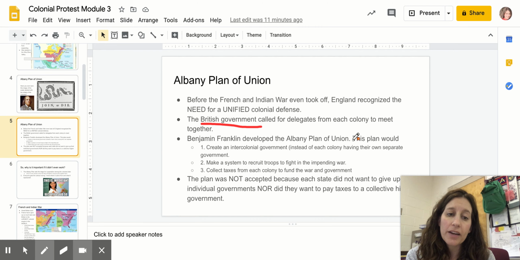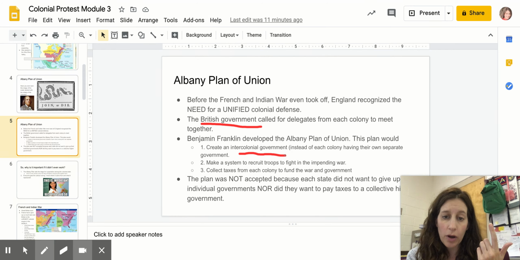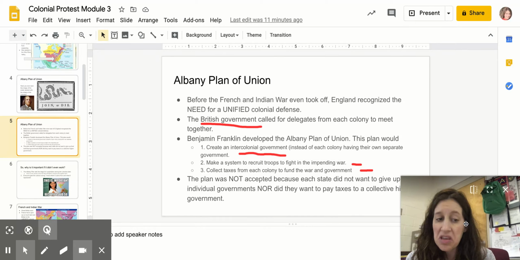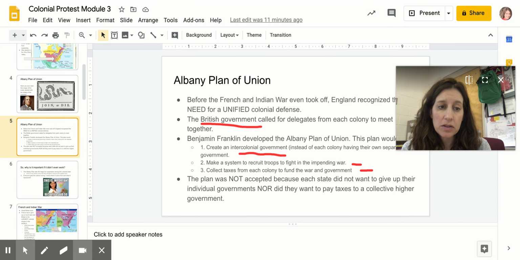In the Albany Plan of Union, Benjamin Franklin wanted every single colony to give up a representative to have an intercolonial government. Instead of everybody being independent and separate, the idea of having one unified colonial government. He wanted to make a system to recruit troops, and he also wanted to collect taxes. Please know, this does not go over well.